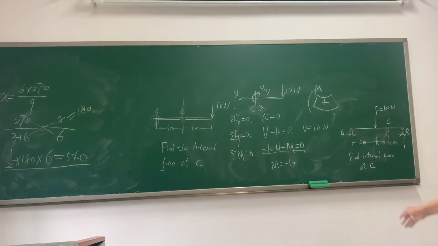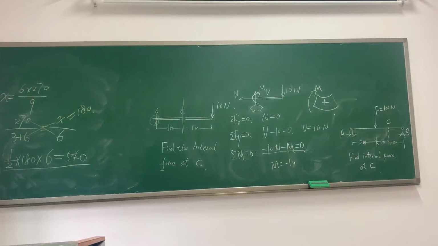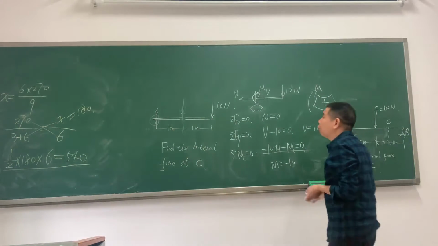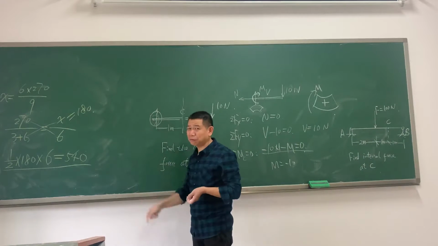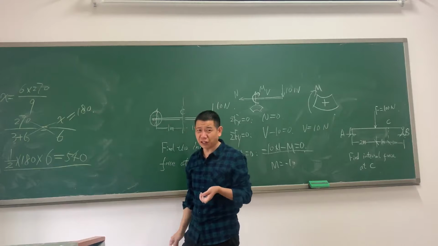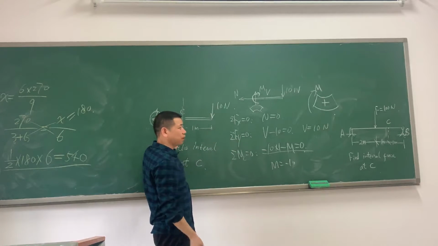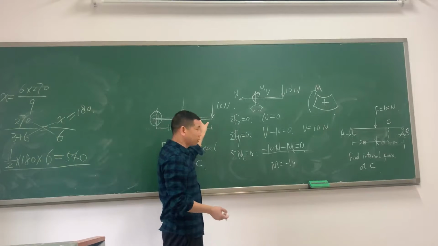So I consider this. Now see, there are two supports. So which side do we have to skip? If you want to consider the left part, at first you have to find the reactions. So in this case, taking this part is more difficult than taking this one.